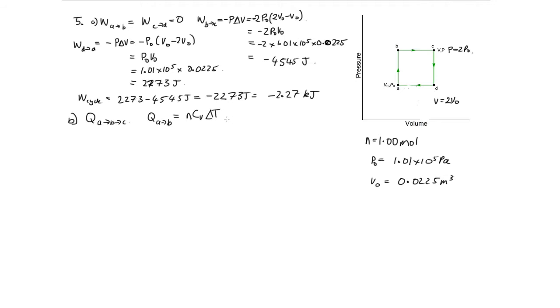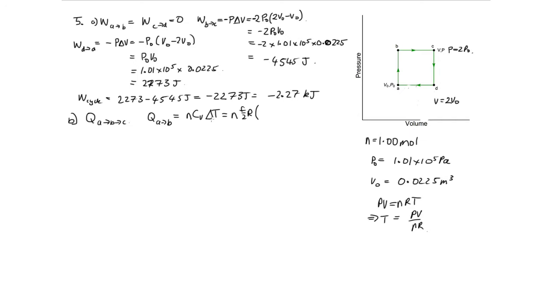And so we know that CV is f on 2 R. So this will be n times f on 2 R and then delta T. But what we can do for T is use our ideal gas law. PV is equal to nRT, which tells us that T is equal to PV over nR.